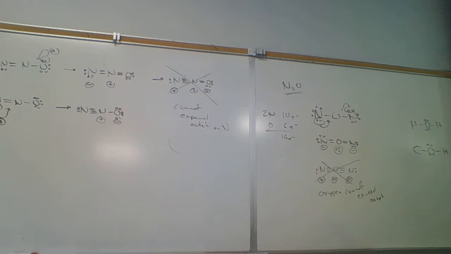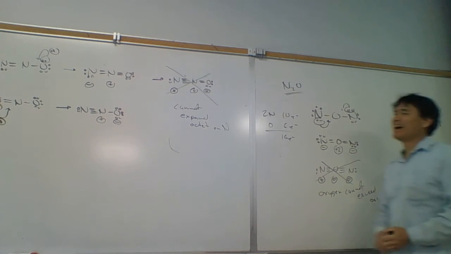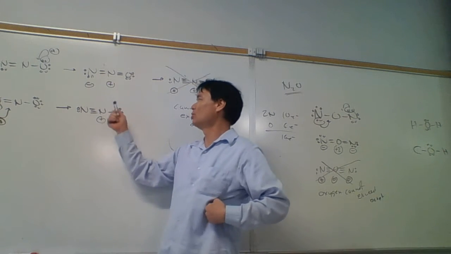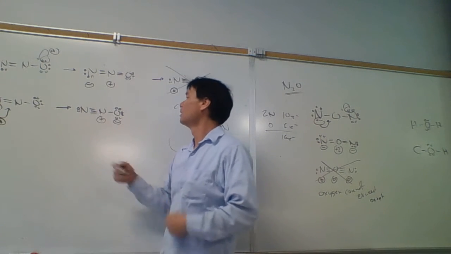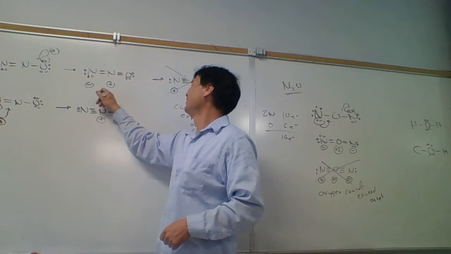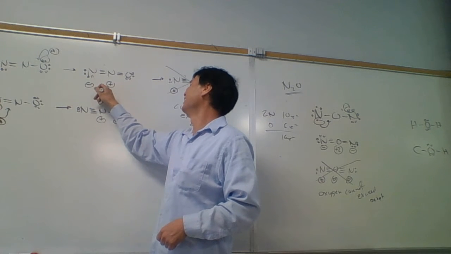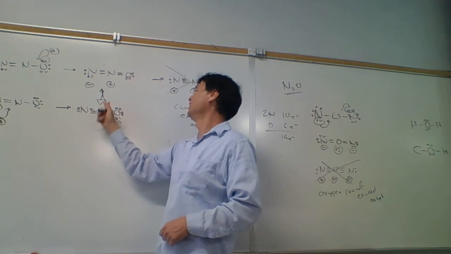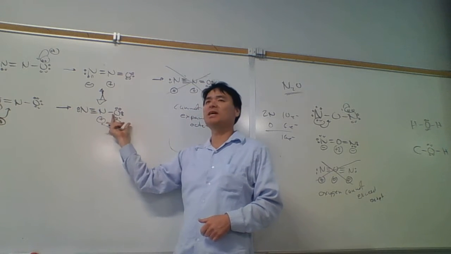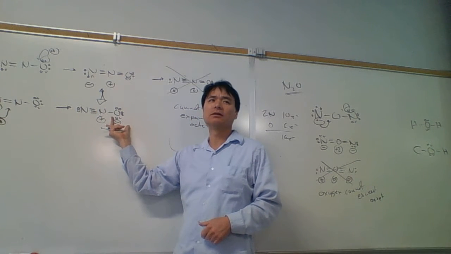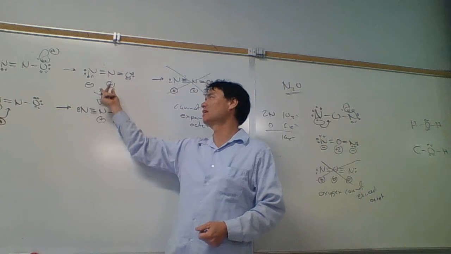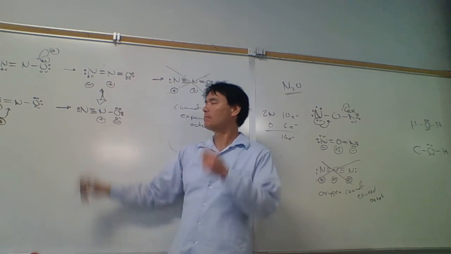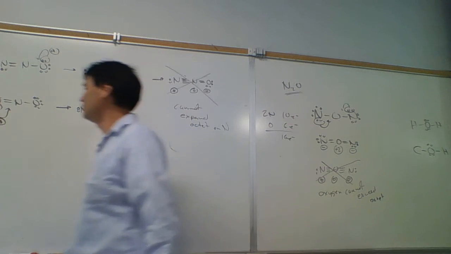The 3.4 versus the 3.0. And so what we have are what we call inequivalent resonance forms. This one is going to be a little more favored than this one. This one is more stable because oxygen has it. But nitrogen is not totally weak. This is versus equivalent resonance forms.